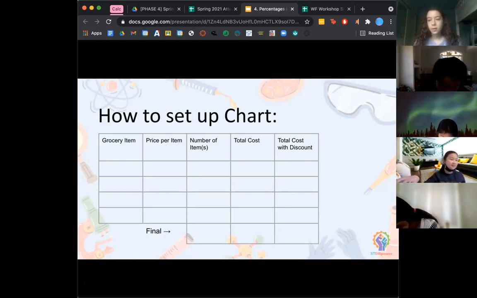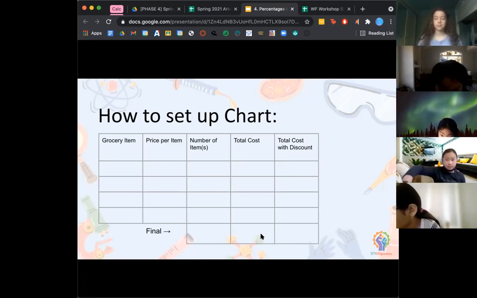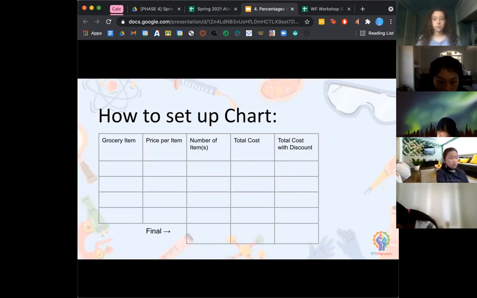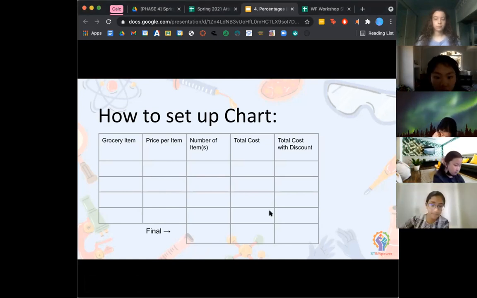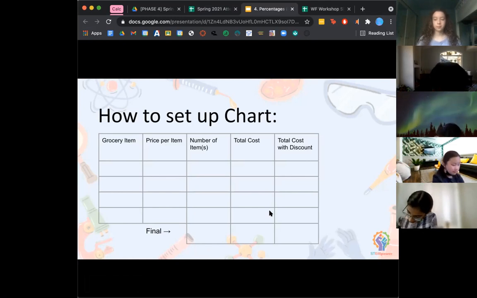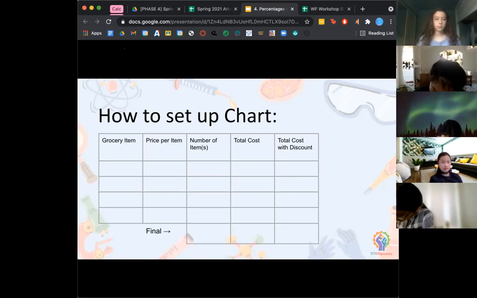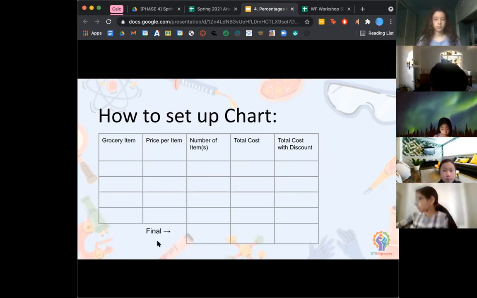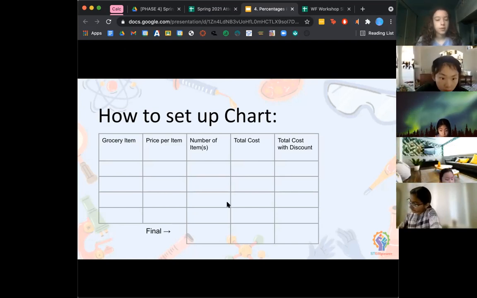Getting close. I'll give you about 1 more minute to draw this chart. Oops.